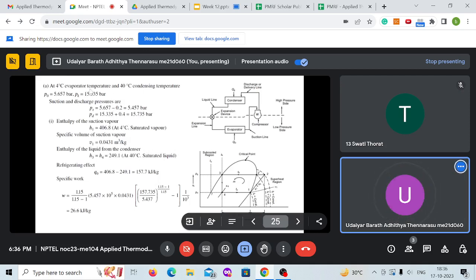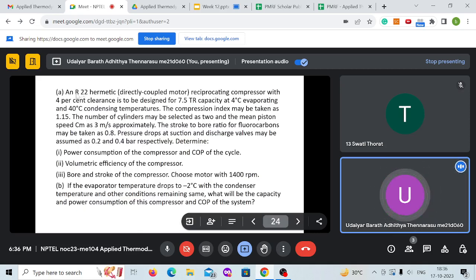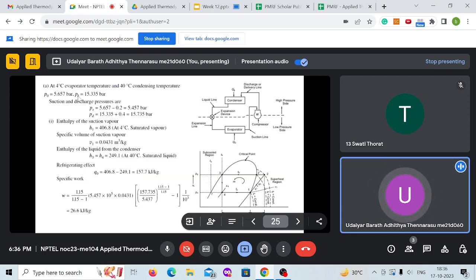Correspondingly, for 4 degrees and 40 degrees for R22 refrigerant, we find that the pressures are 5.657 and 15.335 bar. For the suction pressure, there is a pressure drop of 0.2, so 5.657 minus 0.2 will be 5.457.